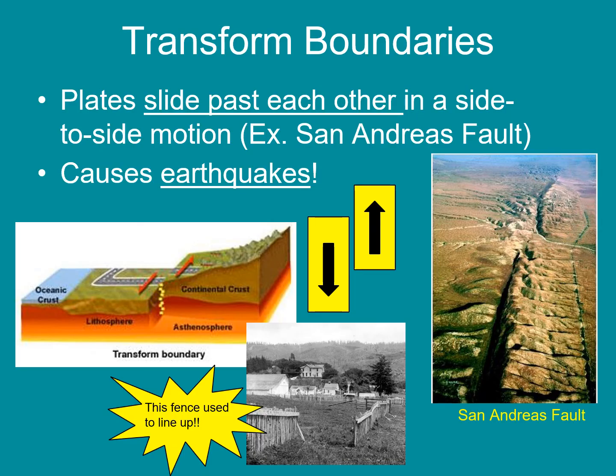The last type of boundary we're going to talk about is a transform boundary. This is probably the one that you know the most about. It's when the plates slide past each other in a side-to-side motion. So they're moving in opposite directions. This is going to cause an earthquake. So if you think about it, it's these two plates rubbing tightly against each other.